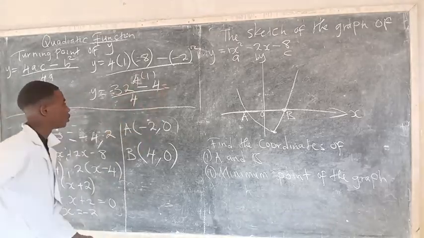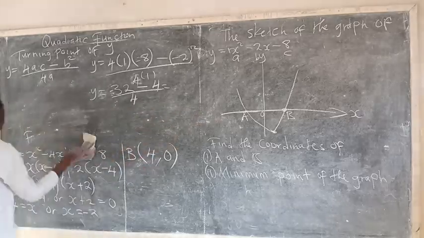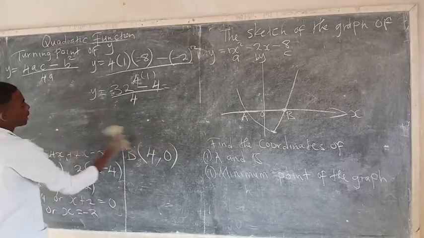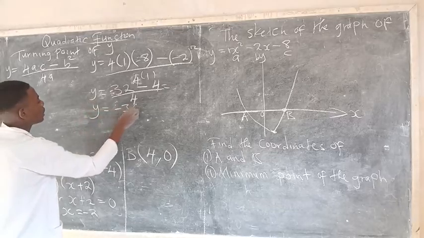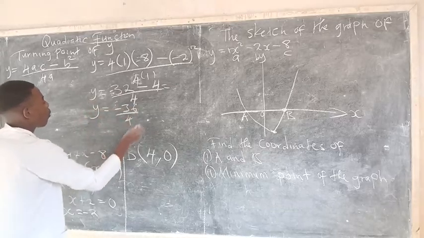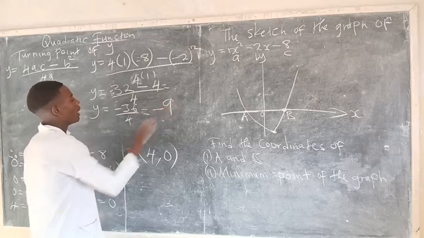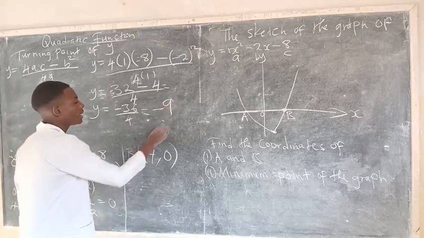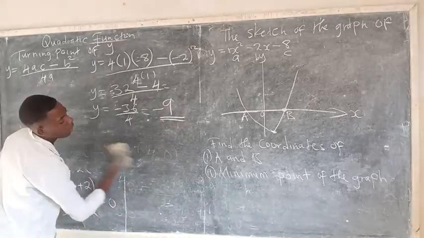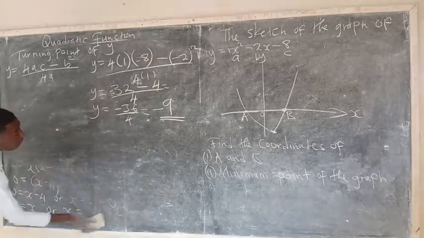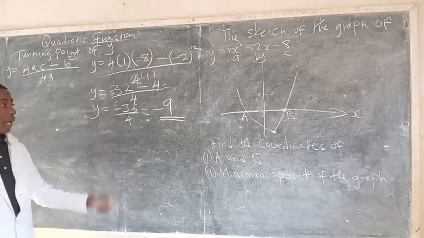So when you do everything, you are going to find that negative 32 minus 4 gives you y equal to negative 36 over 4, and negative 36 divided by 4 gives you negative 9. So at the minimum point, y is equal to negative 9. If you are asked for the minimum point of the graph, it is equal to negative 9.